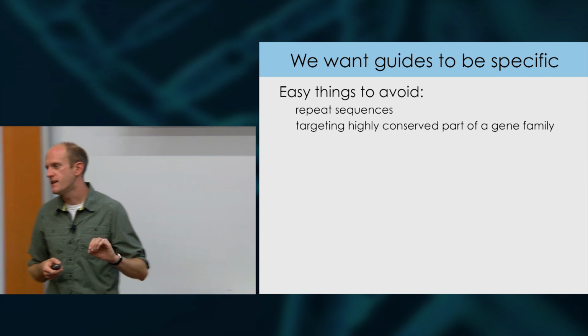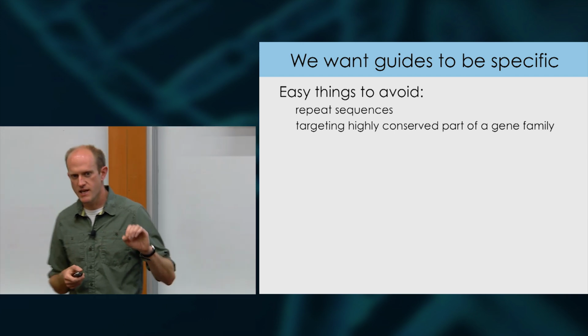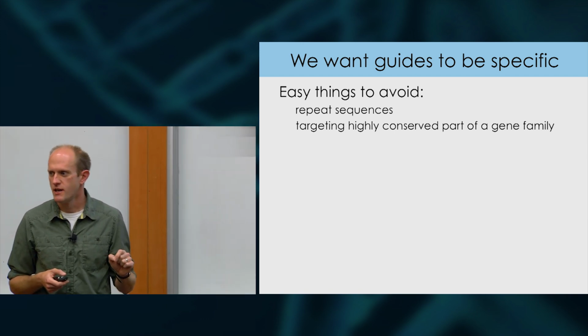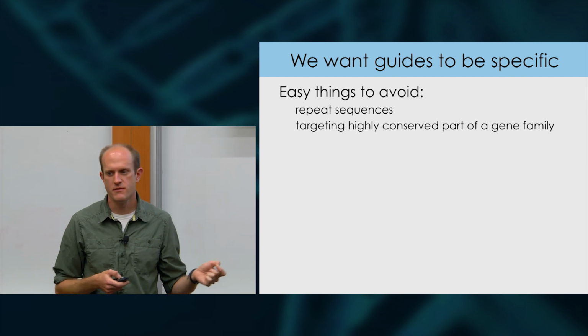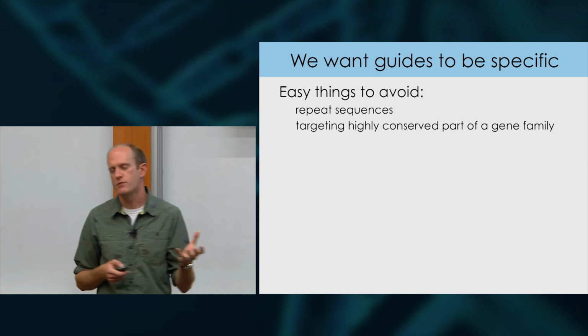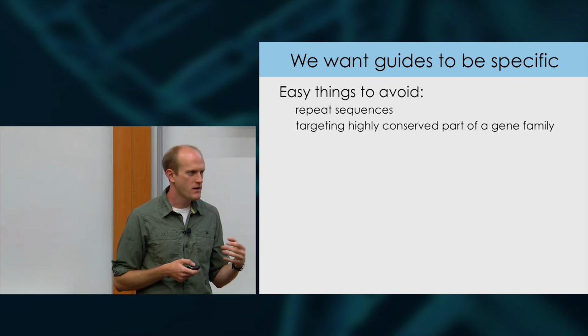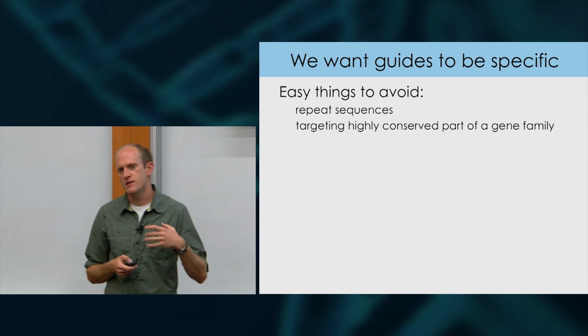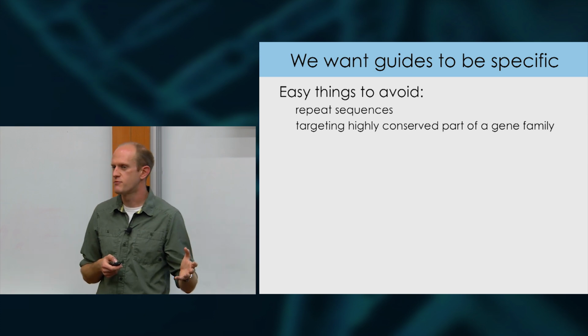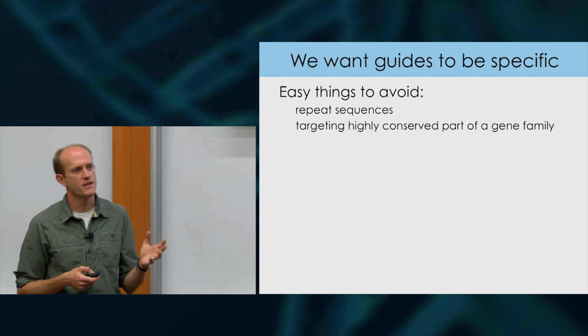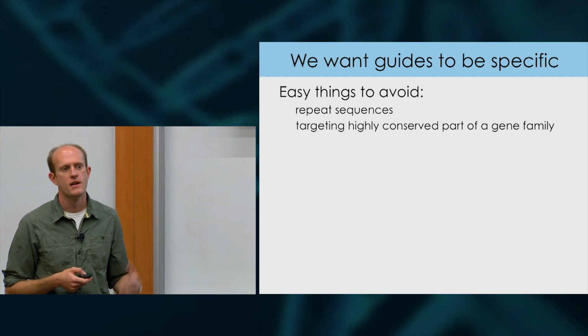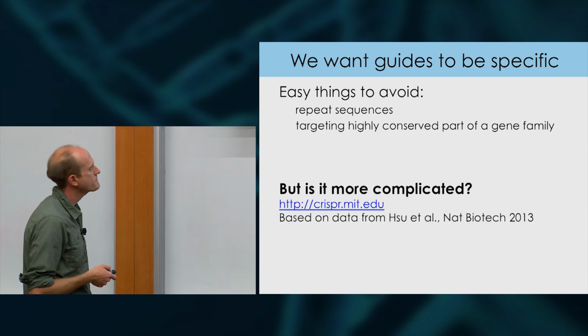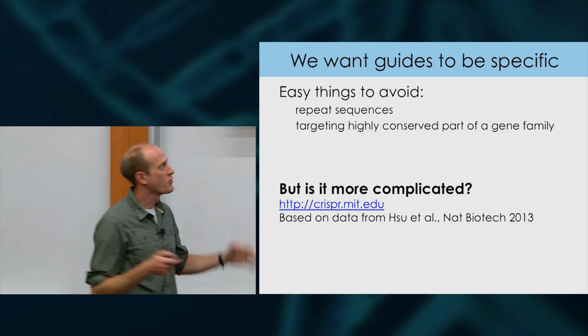But the flip side of that is if you take a highly conserved part of a gene and it's represented in another member of a gene family, like let's say you have a bromodomain sequence and it happens to be in a bunch of other highly conserved bromodomains, and you target that region, you're probably going to target every single one of those bromodomains. So you want to avoid that. But again, is it more complicated?